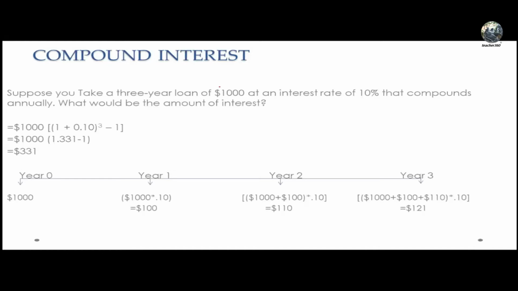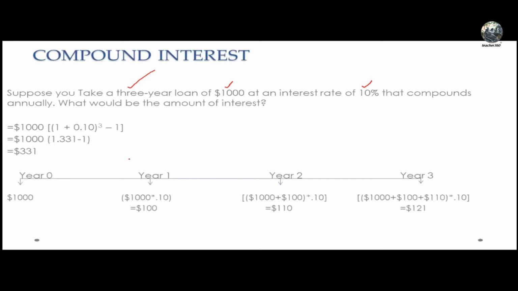So here your principal is $1,000, your interest rate is 10%, and number of periods is 3. So using the first formula, principal $1,000 times (1 plus your interest) to the power 3 minus 1, you can get your compound interest, $331 on your principal.